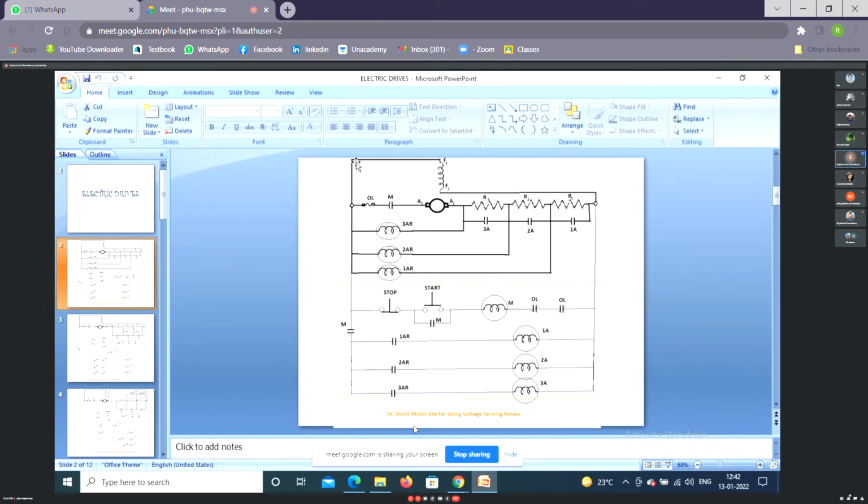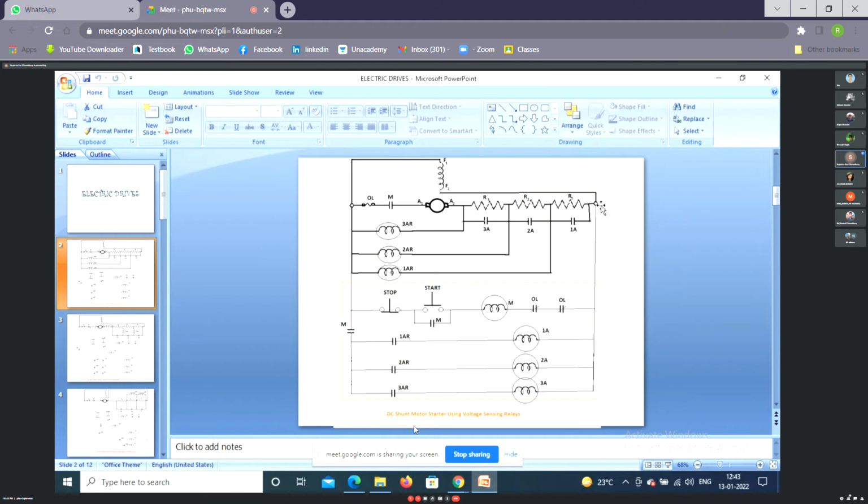Now it has two portions. This portion is the main power circuit and this is the control circuit. In the power circuit, we have the armature. Then I have shown 3 steps of resistance.